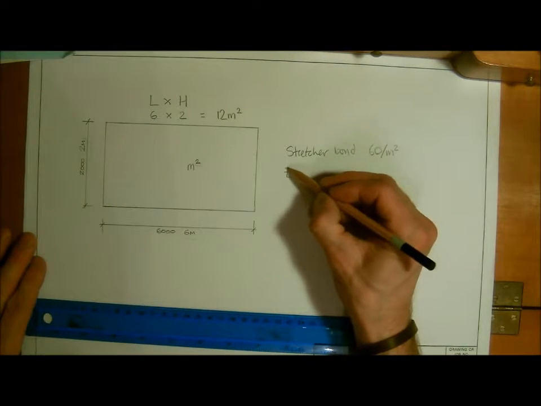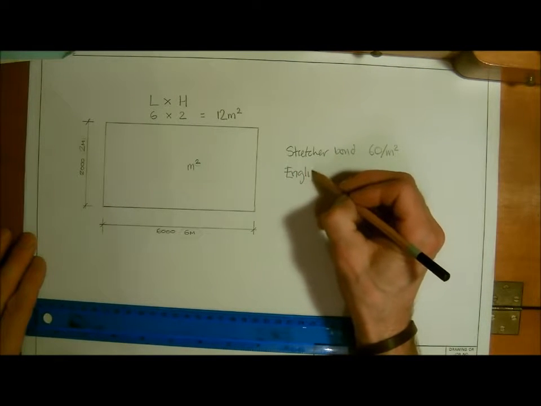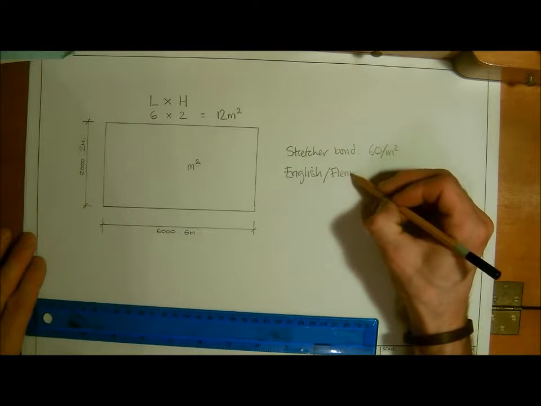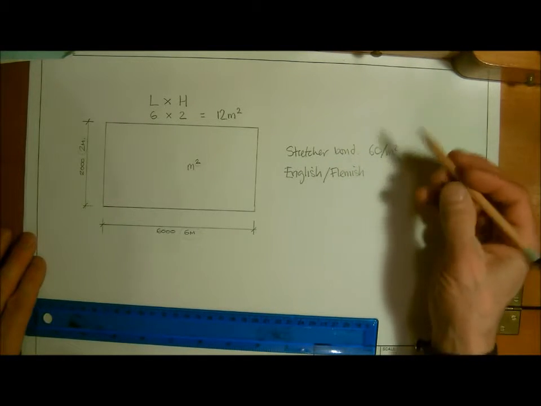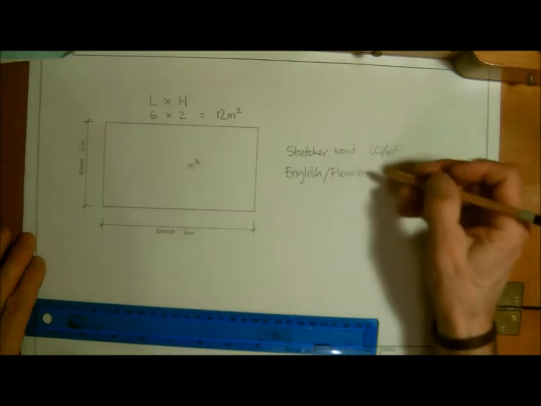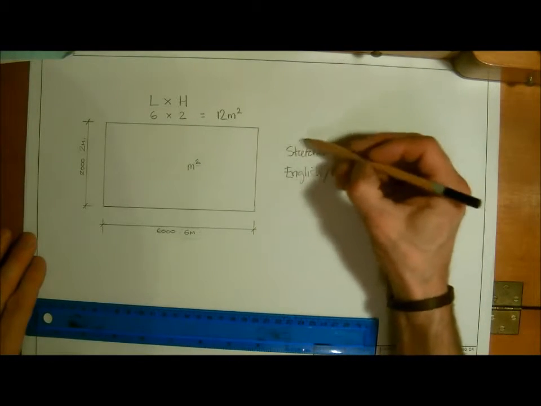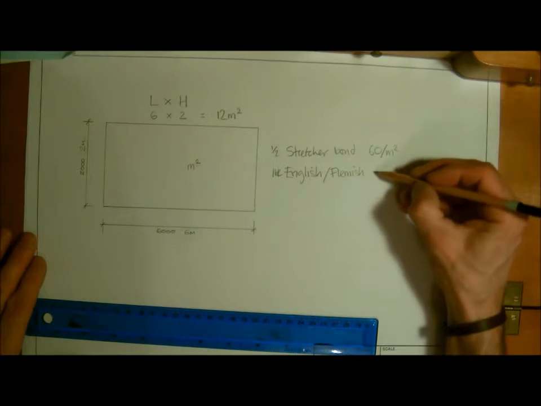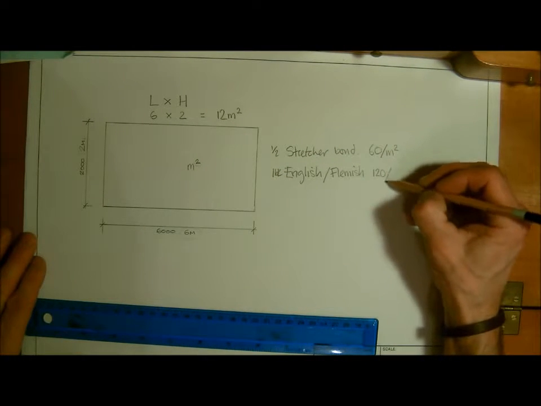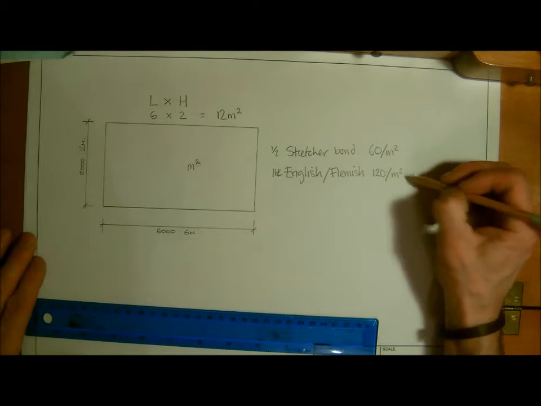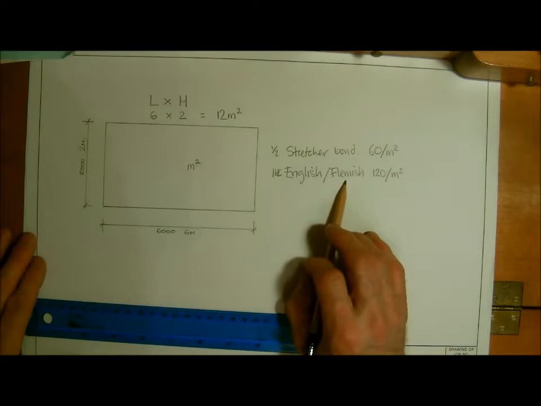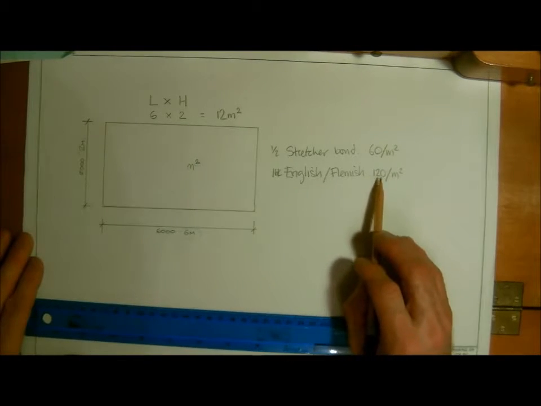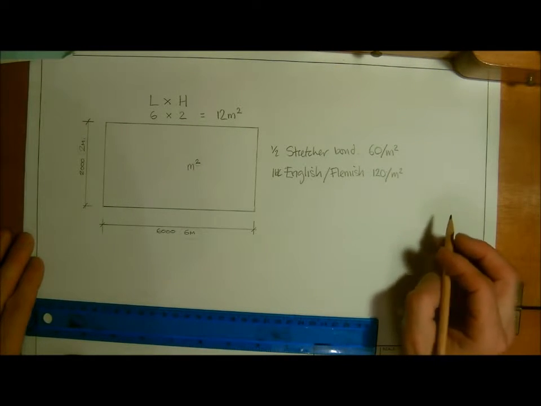Then if we have English or Flemish bond, normally they are 1 brick thick, whereas stretcher bond is only half a brick thick. So it will obviously be double the amount of bricks. If we're looking at a wall in English or Flemish bond, 1 brick thick, it will be 120 bricks per meter squared.